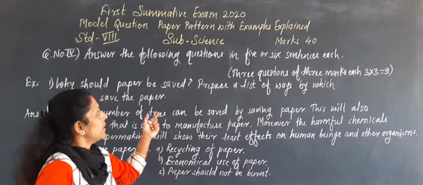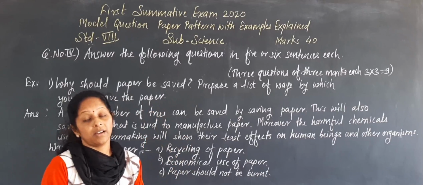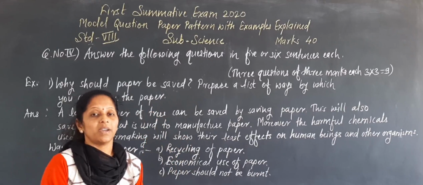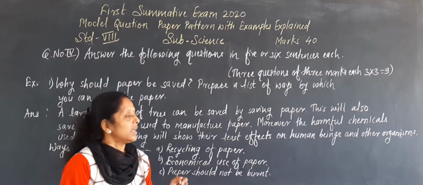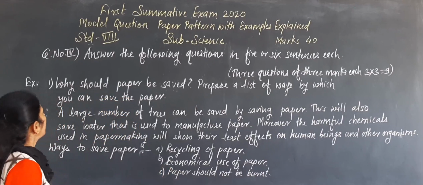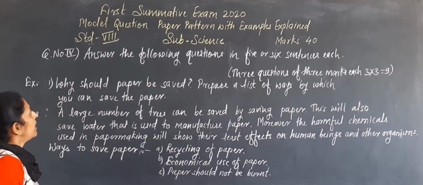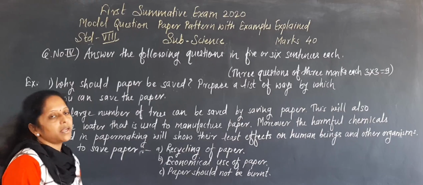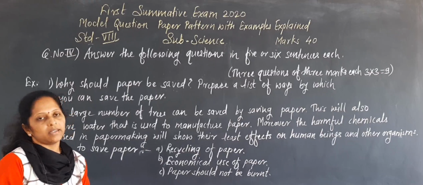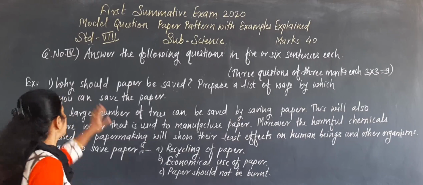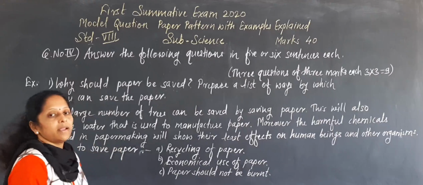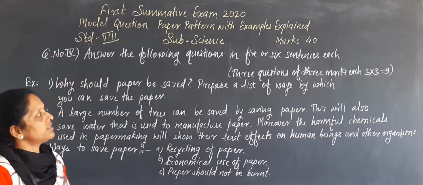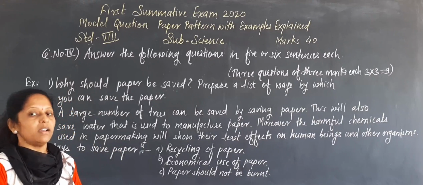Like yesterday, when we saw 5 questions of 2 marks each and I solved only 2 questions, here also I am going to solve for question number 4. Answer the following questions in 5 to 6 sentences each.